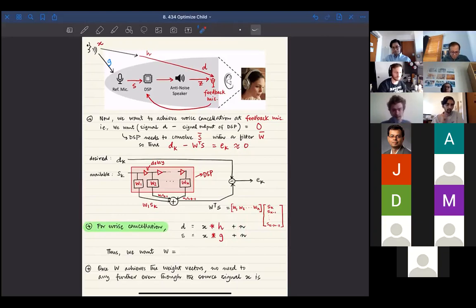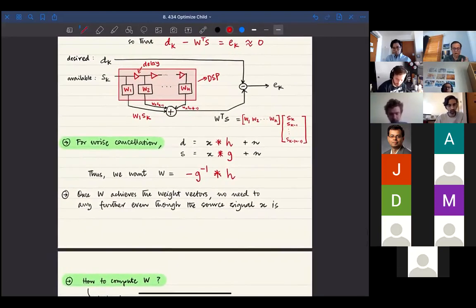So now we want W, when convolved with S, this is convolution, to be negative D. So then look, W has to be minus G inverse convolved with H. Tell me if that is right. Why?